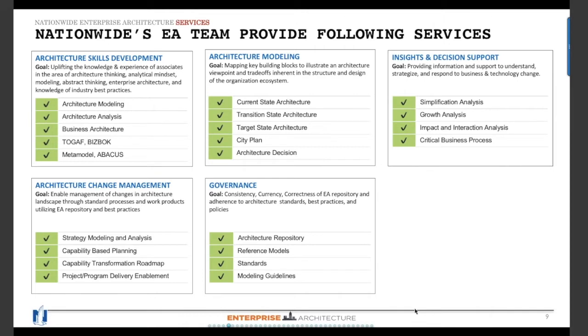It's really our futuristic view of what IT is going to look like in almost like a nirvana state, if you would. We also utilize our architecture repository and architecture processes to provide insights and decision support across, again, any architecture change management, if you will.